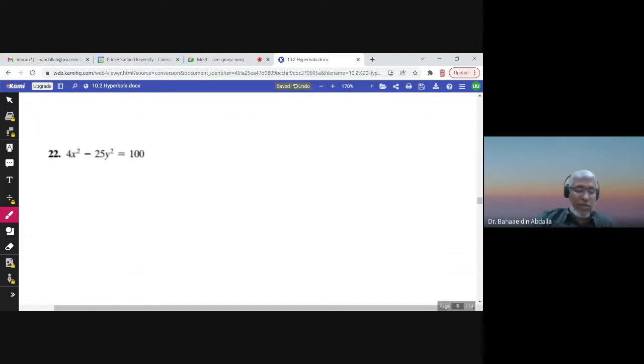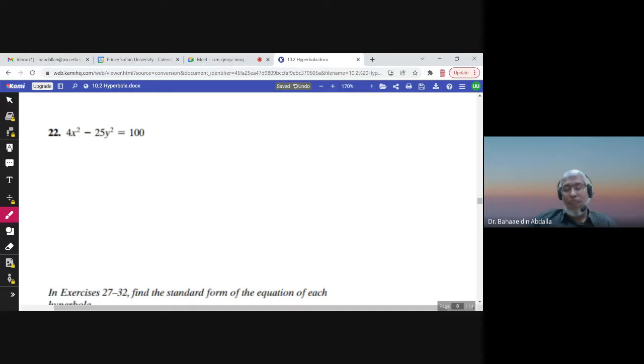Another question. 100 divided by 100 should be 1. x squared over 100 over 4 is 25. 100 over 25 is 4. 100 over 100 is 1.